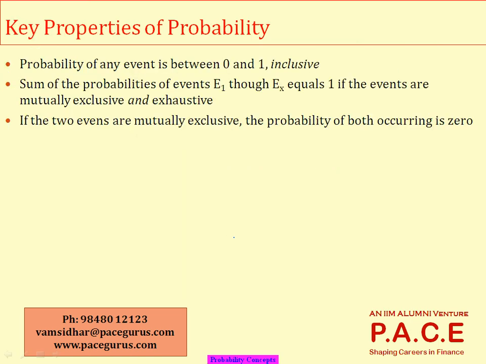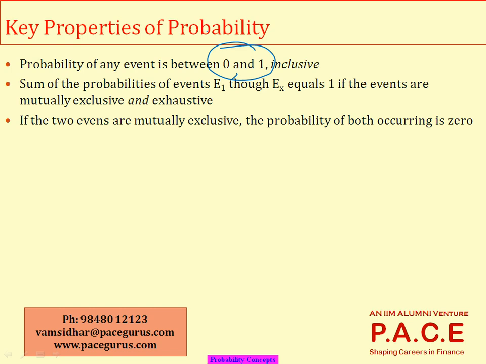Then, a couple of things we have to remember with respect to probabilities. For any event, the probability will always lie between 0 and 1, because the simple definition is favorable outcomes out of the total outcomes. Favorable outcomes can never be greater than the total outcomes. There is some mistake with our calculation if such an outcome occurs.